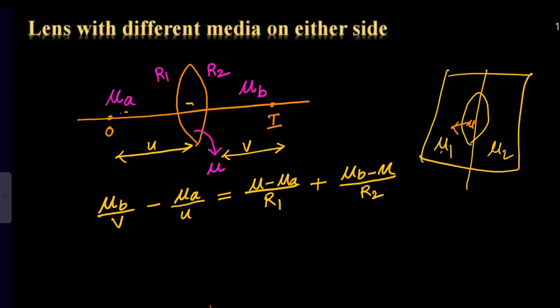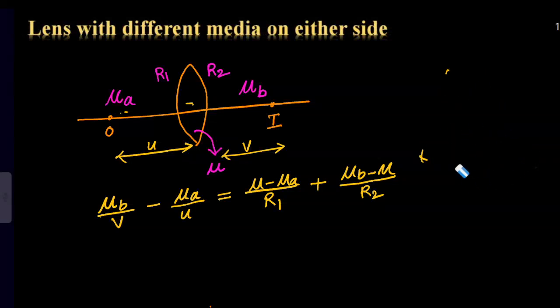The refractive index of the lens will be considered, so it behaves the same in any medium. We need to consider the left side, the right side, and the lens refractive index, which will have an effect.